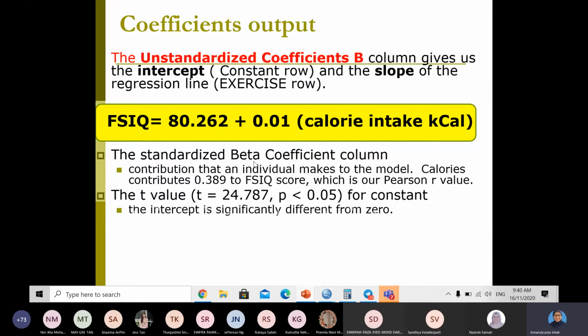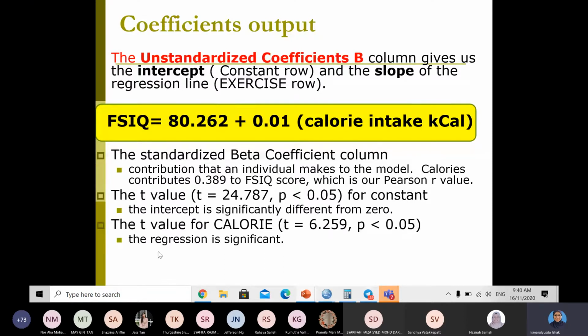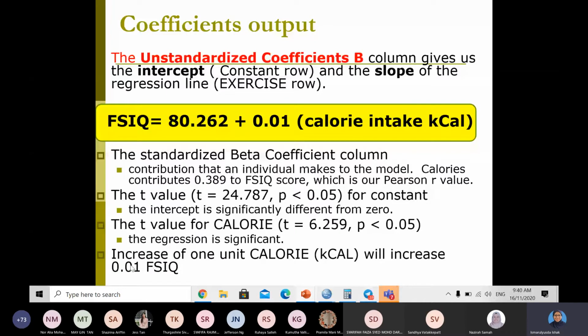The T value for constant is significant. The T value for calorie, okay, regression significance. So the increase of 1 unit of calorie will increase 0.01 full scale IQ. When you put inside here the calorie, okay, 1, so 0.01 times 1.